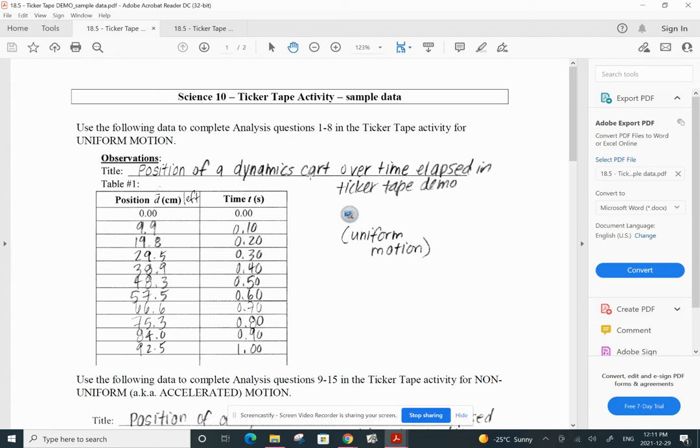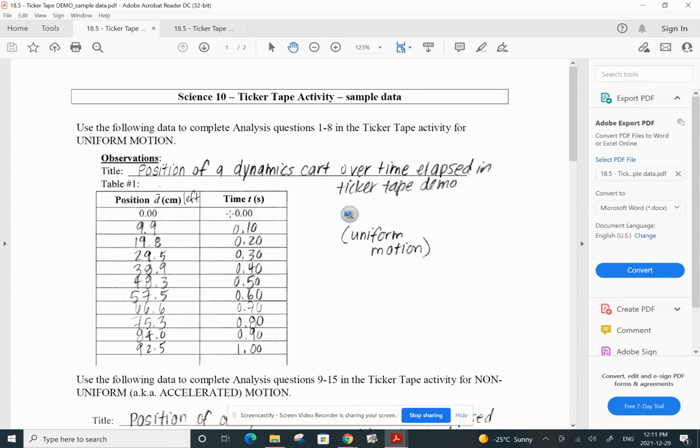I didn't have a fancy cart, I just used a physics cart, over time. This is showing us uniform motion. We're going approximately equal distance. Actually it's position, it's a vector, it's displacement, position in centimeters left, 0 to 9.9, about 10 centimeters left per each time interval.